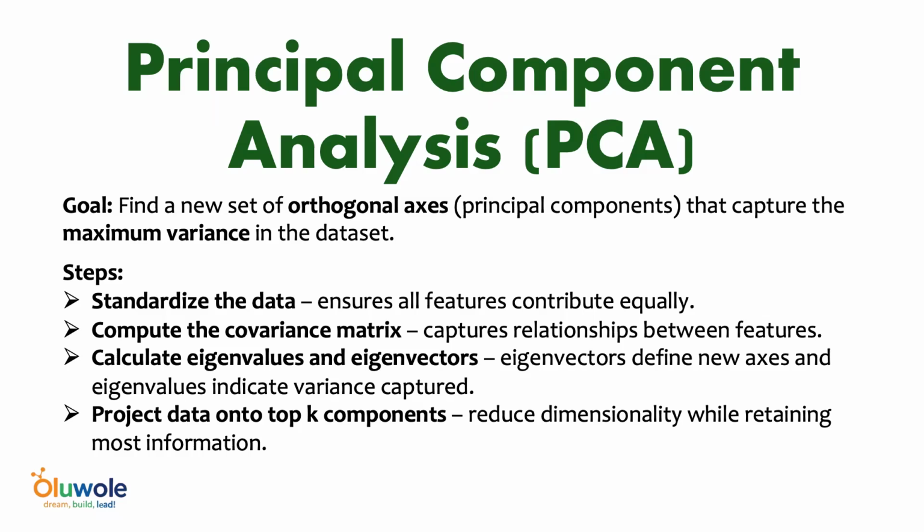Then you can project your data on top of K components, which is the K dimensionality. There are lots of models under this, like KNN, which is K nearest neighbor. You can use that also to reduce dimensionality, but you won't lose the relevant information.